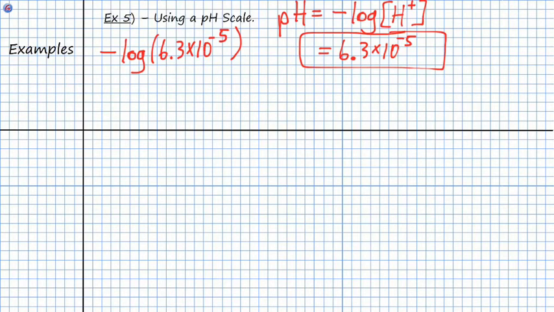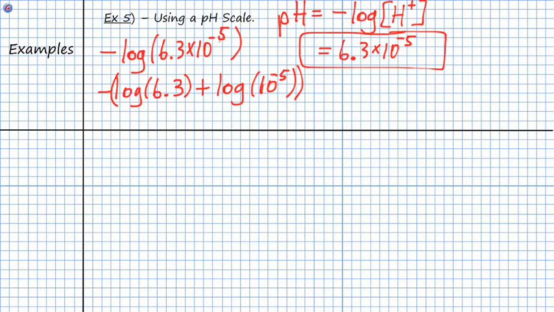And we can break this down a little bit further. So we have negative log of 6.3 plus the log of 10 to the negative 5th power. What's great about this is that it creates an easier evaluation process for us.